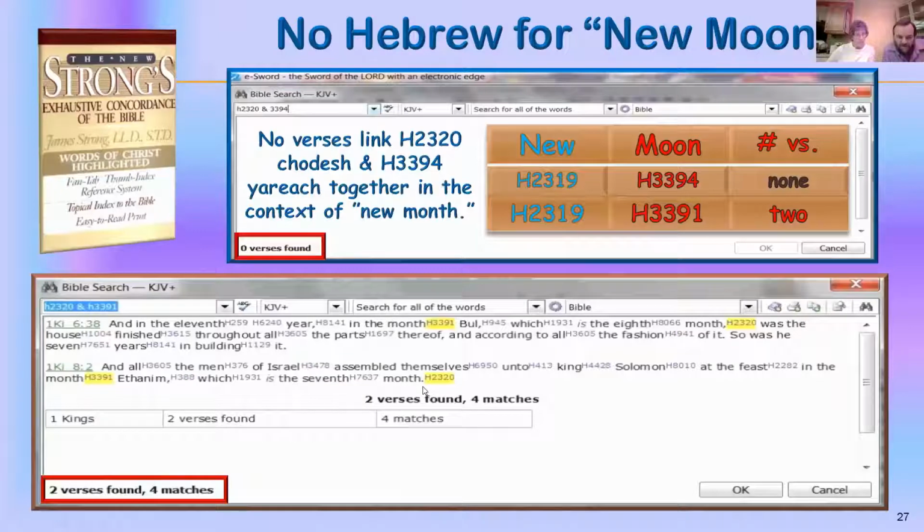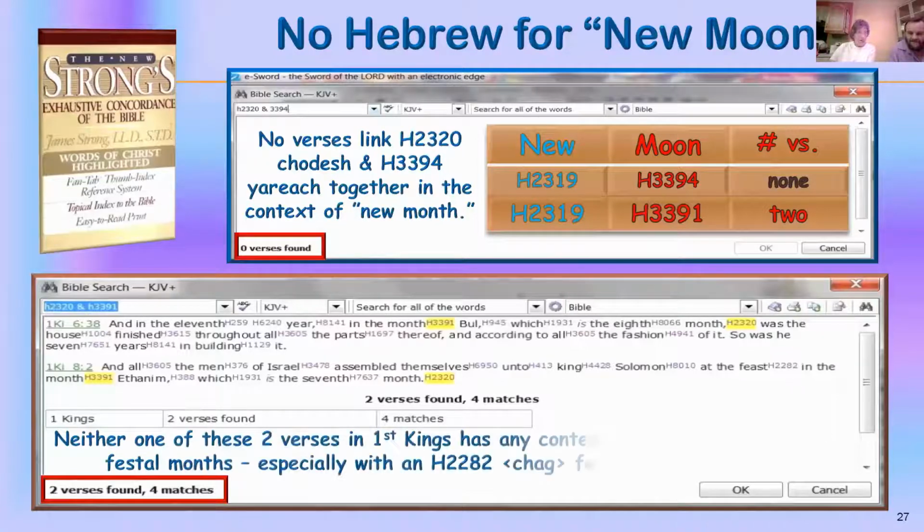And all the men of Israel assembled themselves unto King Solomon at the feast in the month Ethanim, which is the 7th month. Mm-hmm. Now, what did we find here? This verse actually says at the feast, 2282. So this is possibly, yeah, but it's possibly a contender for something, right?